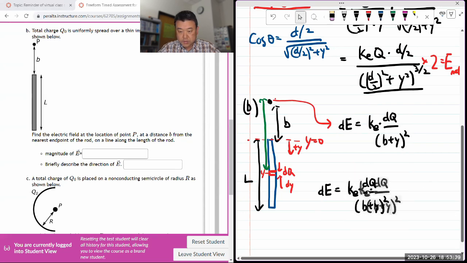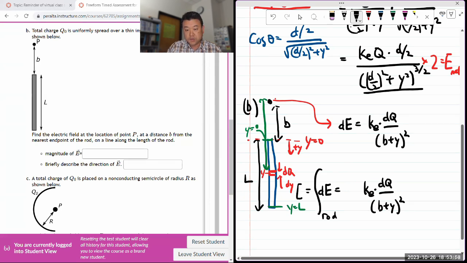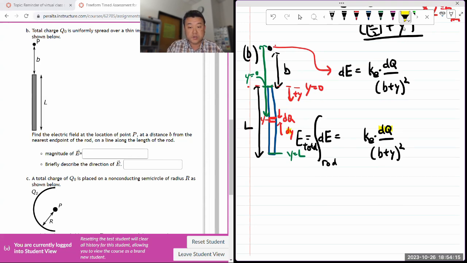So what you want to do is think of a scheme to add it up, from basically where y is equal to 0 to where y is equal to L. So once you add up the contributions along the entire rod, that's going to give you the total electric field. And in order to do that, you have to express your expression for the infinitesimal charge dq in terms of your coordinate variables, y and dy.